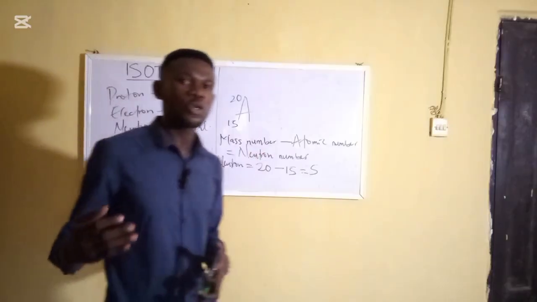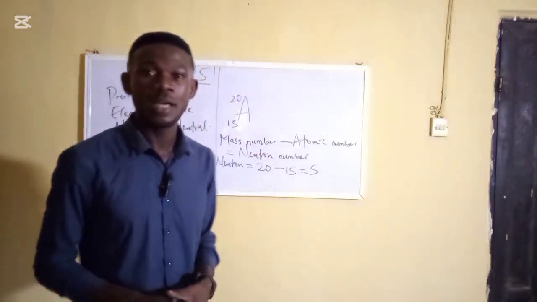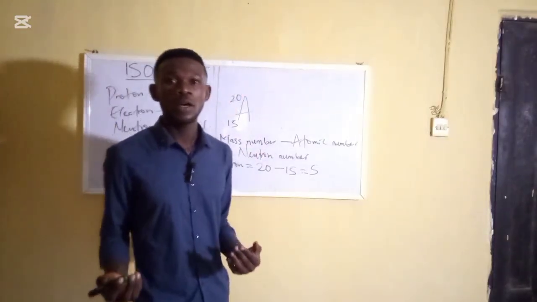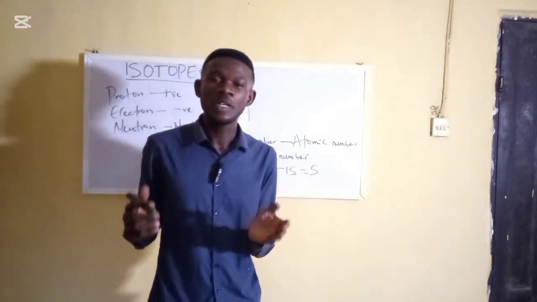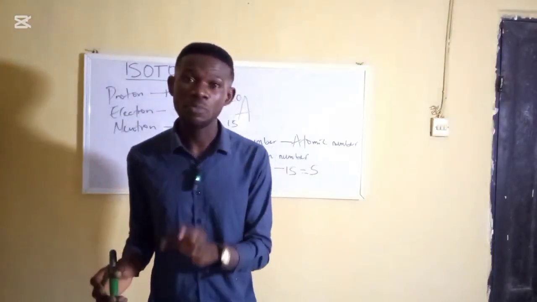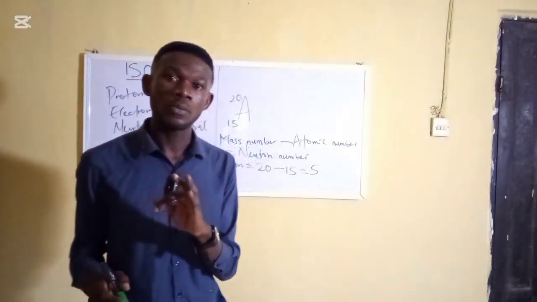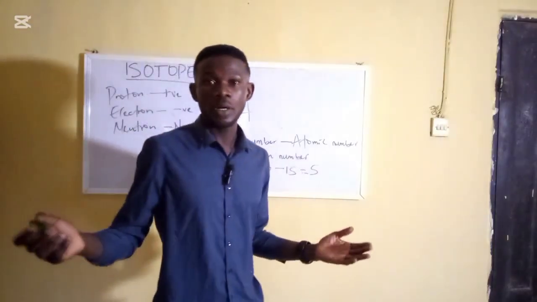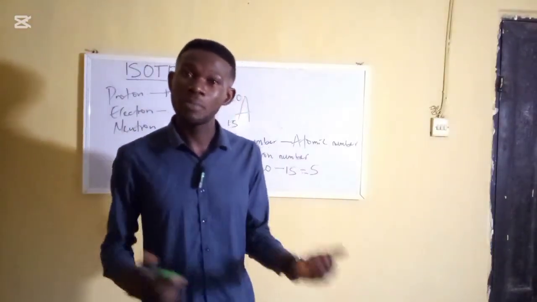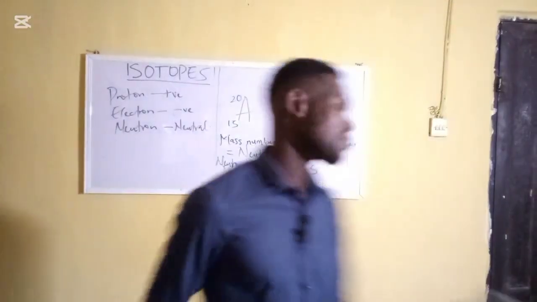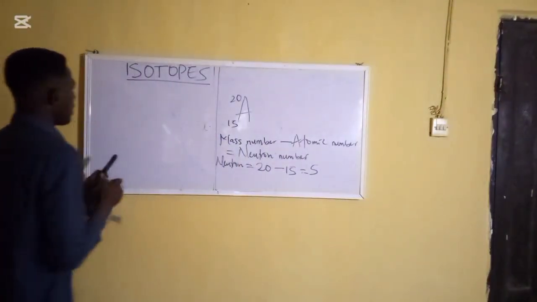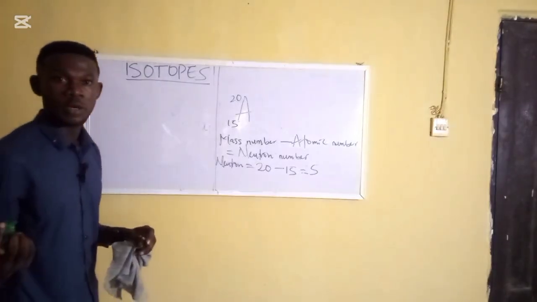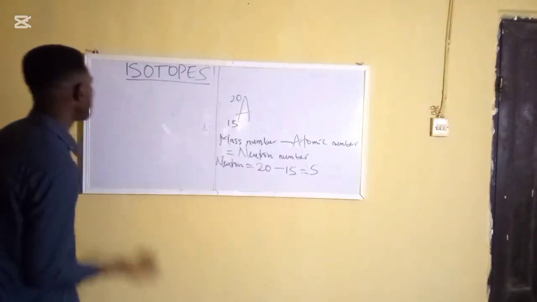Now let's get to what we call isotopes. As I earlier said, isotopes are atoms of the same element that have the same number of protons but different mass numbers. That is, they have the same atomic numbers but different mass numbers. If I were to represent isotopes, this is how it should be.